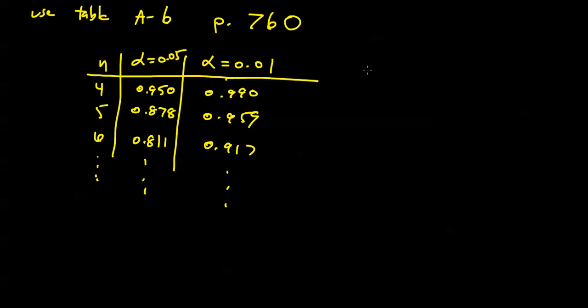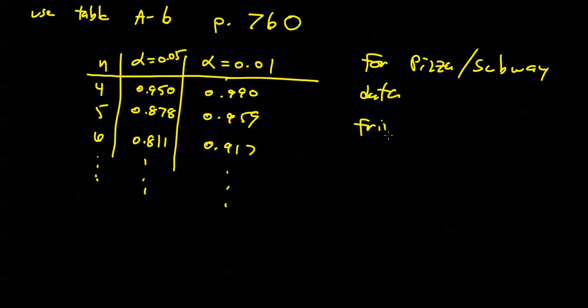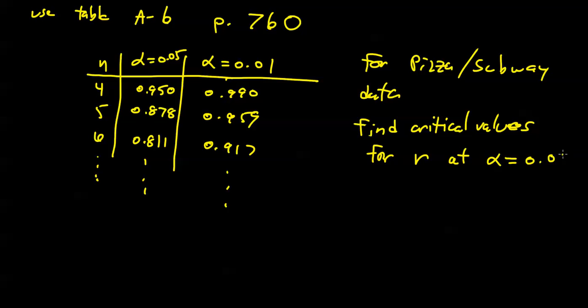All right, for the pizza Subway data, I'll say find the critical values for R at a 0.05 significance level.